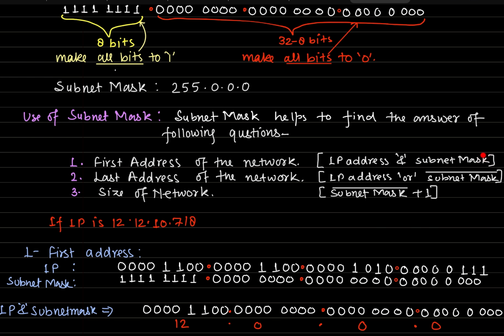If you know the subnet mask and use binary operations, AND or complement, you can find the first address by using the IP address and applying AND between the subnet mask and the IP address. If you use OR between the complement of the subnet mask and the IP address, you get the last IP address. For the size, you simply take the complement of the subnet mask plus 1.